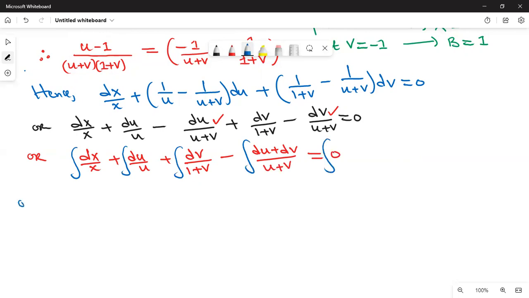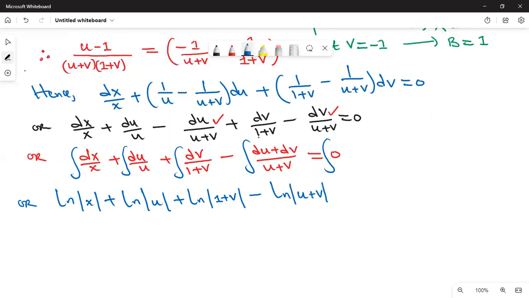On the left-hand side, we'll have natural log of x plus natural log of u plus natural log of 1 plus v minus natural log of u plus v should give us natural log of a constant c.